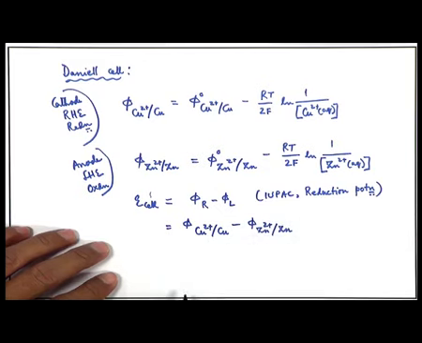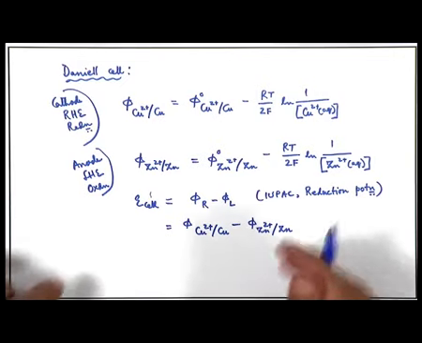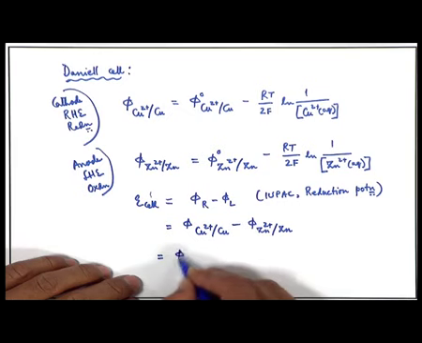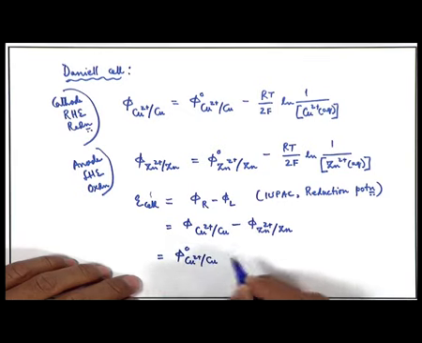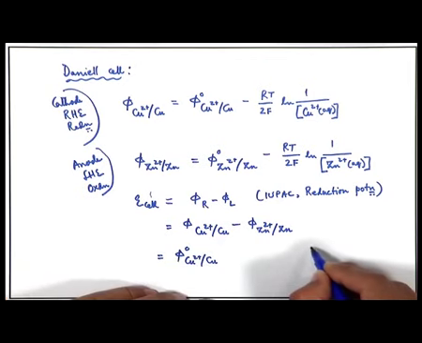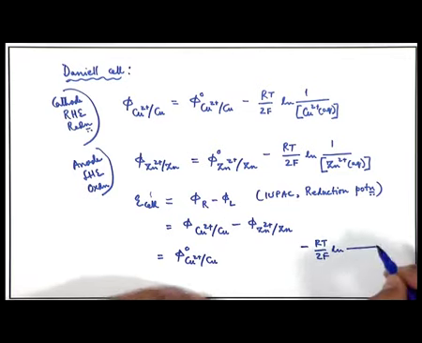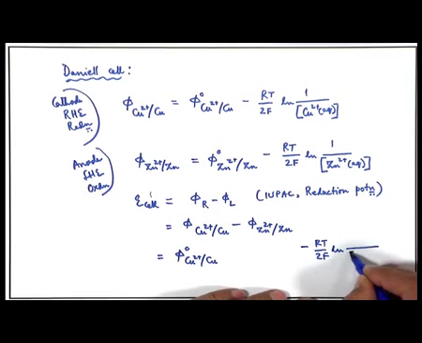Okay. So, you just plug in this information, so you write this one first. That means phi naught Cu 2 plus Cu, then write minus RT by 2F ln, this Cu 2 plus aqueous.